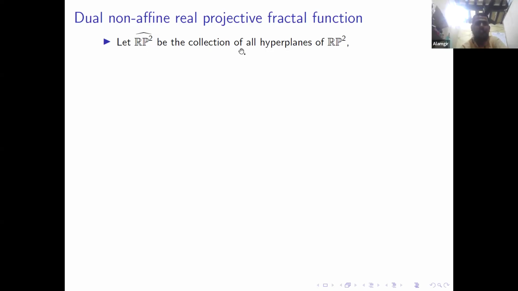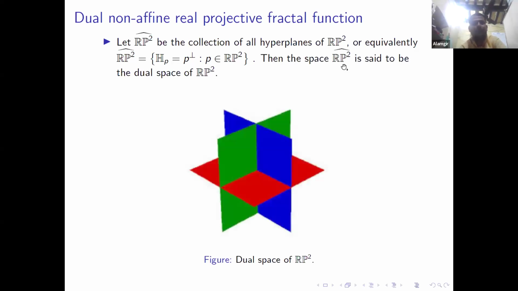Here we consider RP2 with the collection of all hyperplanes of the positive space. Or equivalently, we consider all hyperplanes P-perp, where P is the normal of that hyperplane. So this is the dual space.